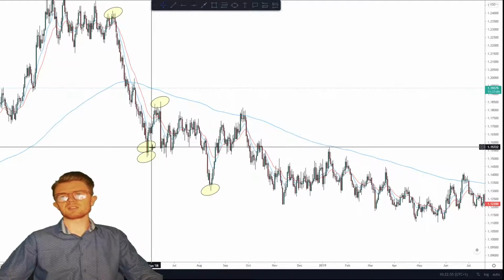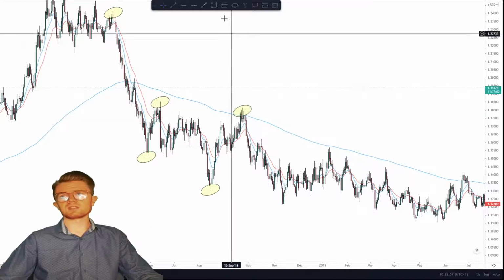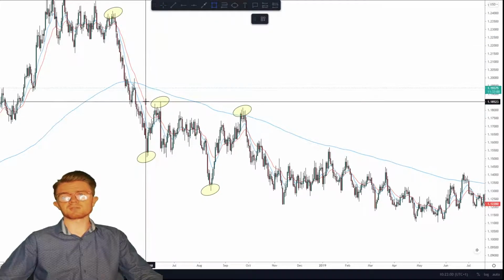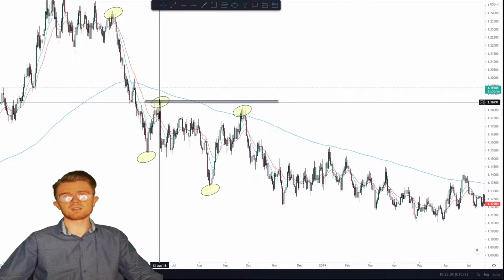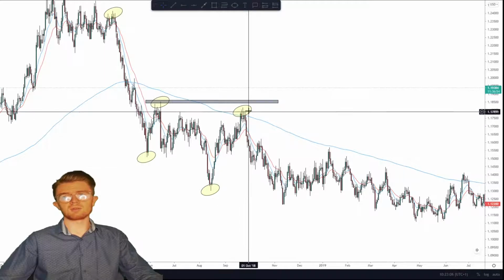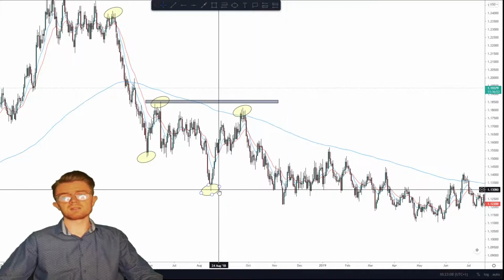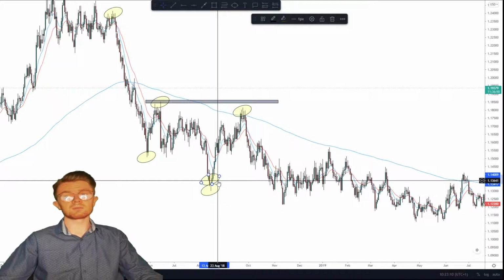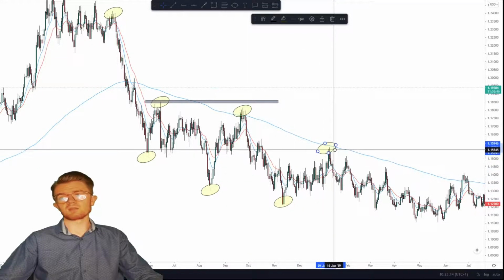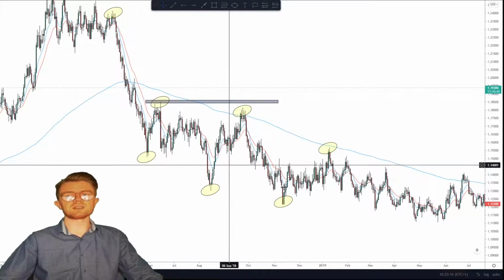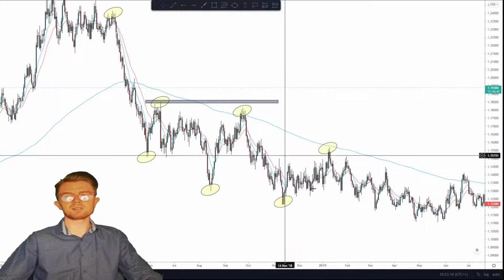From there we did pull all the way up, but if I take a rectangle tool and draw a line across, we can see that we didn't invalidate the prior lower high. We create a lower low, lower high, and even a new lower low here, and then once again we created a new lower high. So we can see this is a downtrend because of the lower lows and lower highs printed.